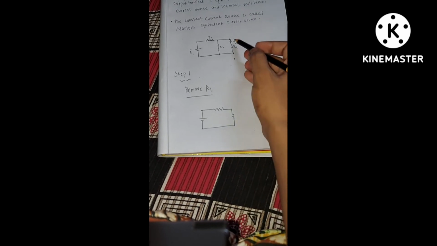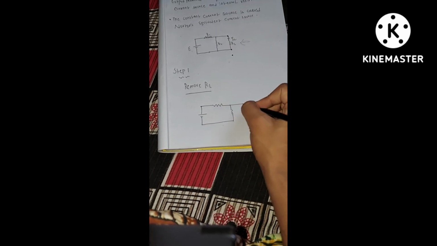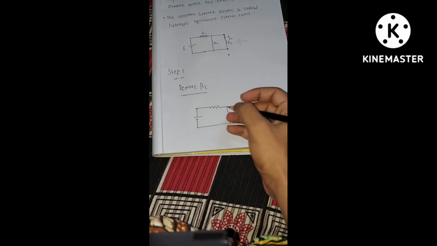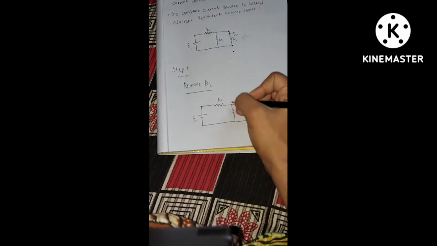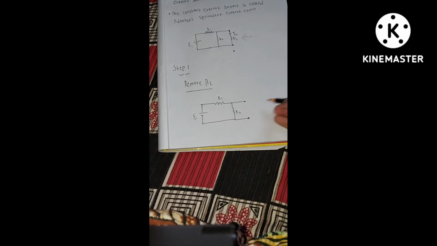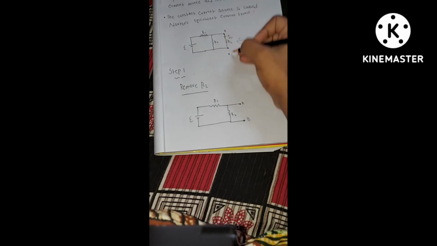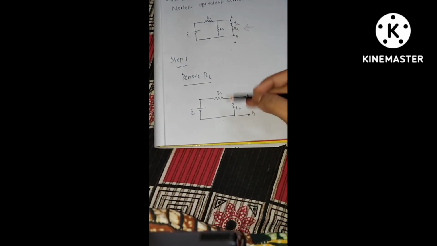This is your E, R1, R2, and RL is removed from the two terminals A and B respectively. The circuit behaves as an open circuit.